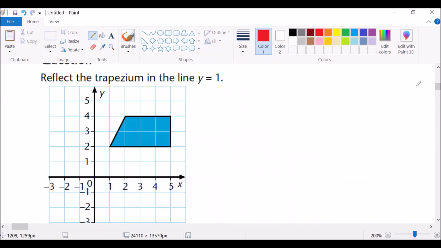Let's look at this example. Reflect the trapezium in the line y is equal to 1. So first we need to draw the mirror line, which is y is equal to 1. So the line y is equal to 1 is this line here. So we need to reflect this shape in the opposite side of the mirror line.